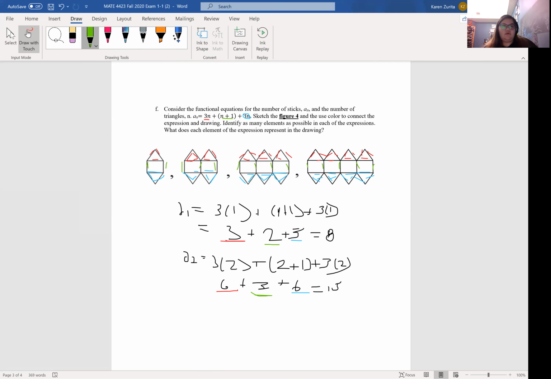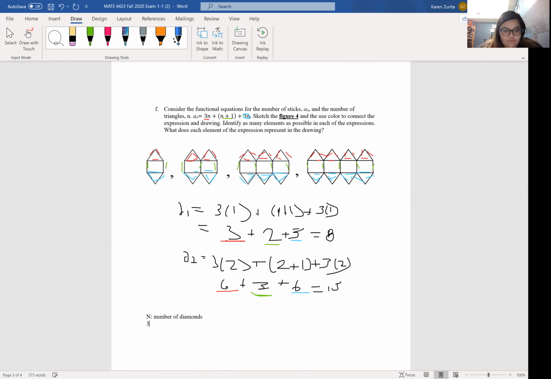And now we can write the elements that we use. First we have n, which is the number of diamonds.